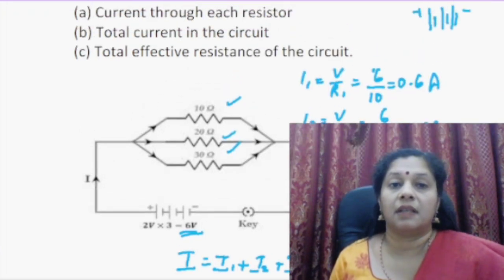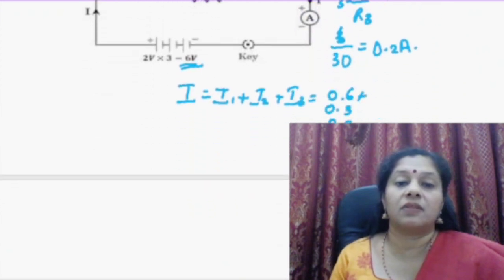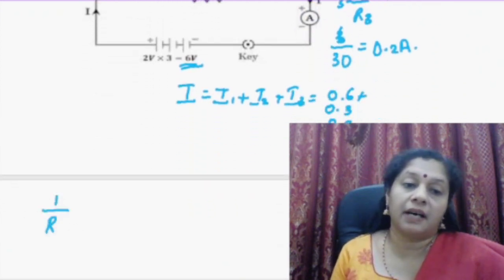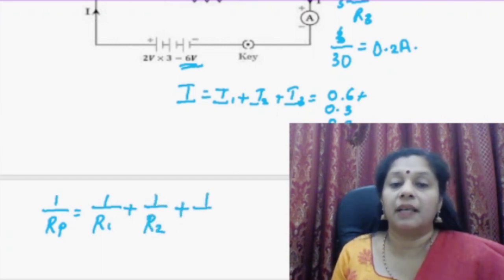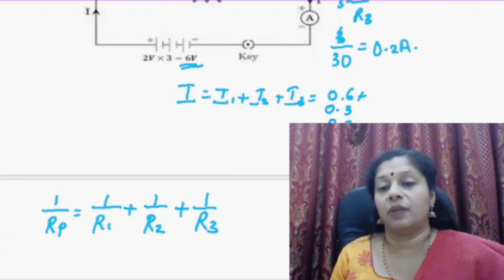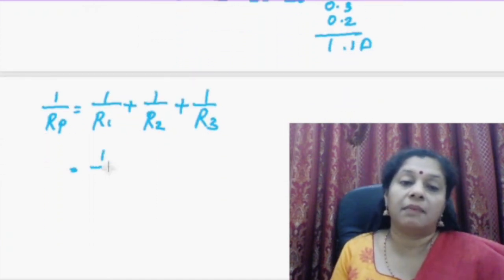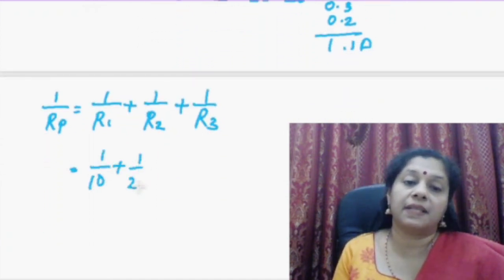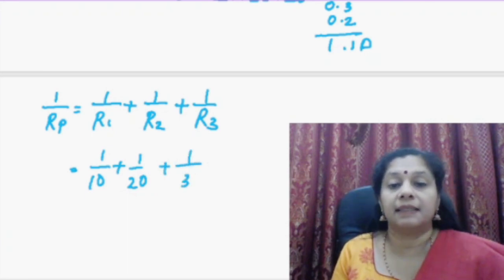And the total effective resistance also we have to find out. 1 by Rp is equal to 1 by R1 plus 1 by R2 plus 1 by R3. So here Rp: 1 by 10 plus 1 by 20 plus 1 by 30.